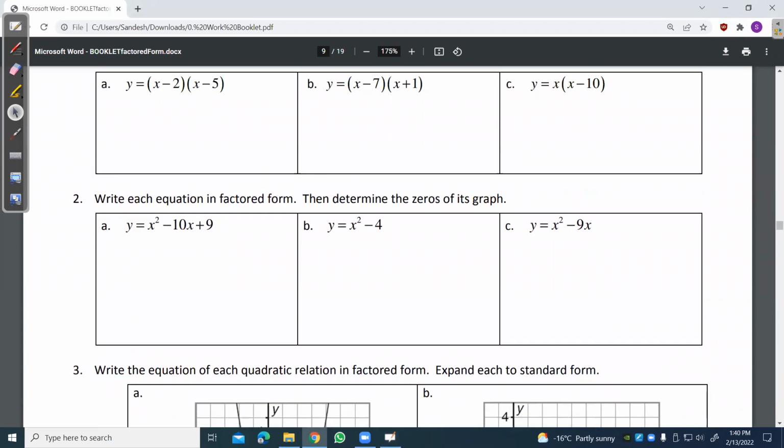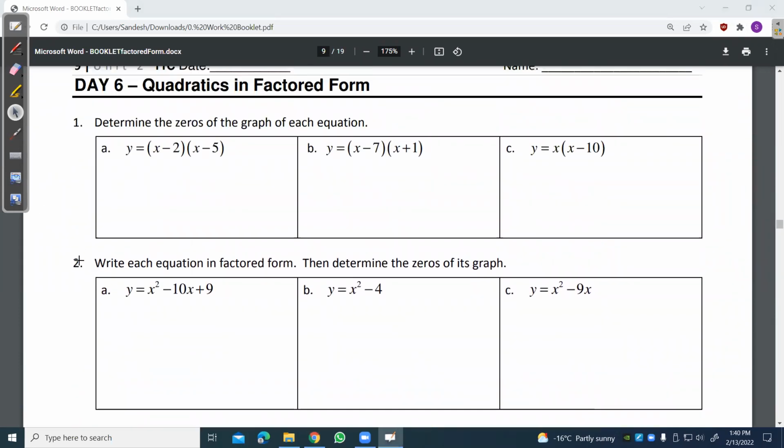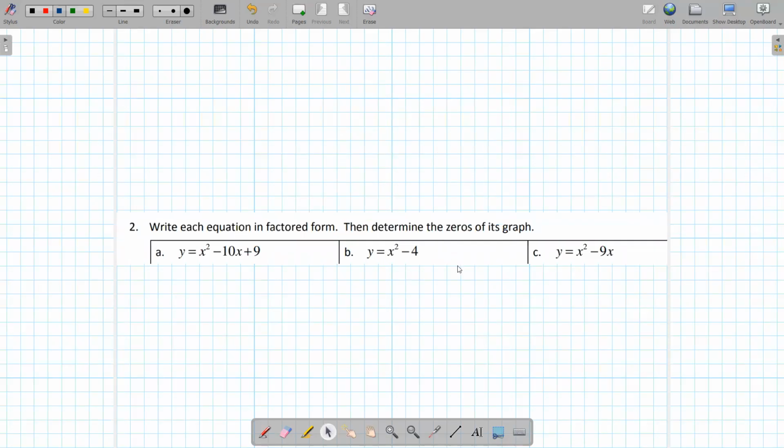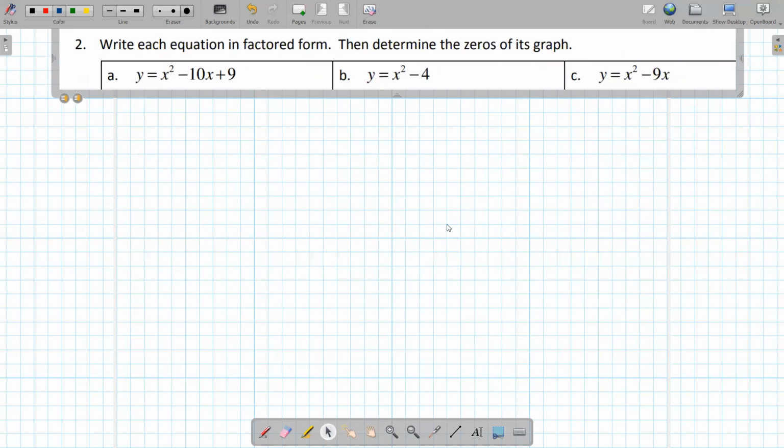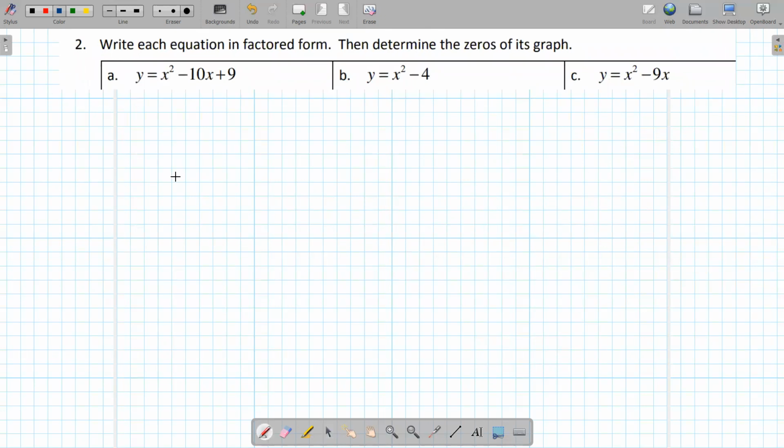Okay? So this one, it's asking us to write it in factored form. So basically, we need to factor all of these. Let's look at the first one. That's a quadratic trinomial. How do we do A?